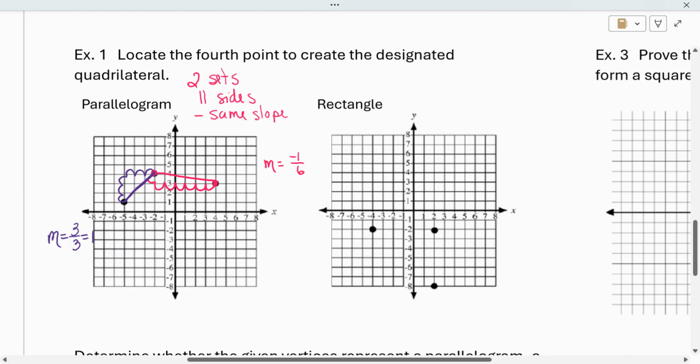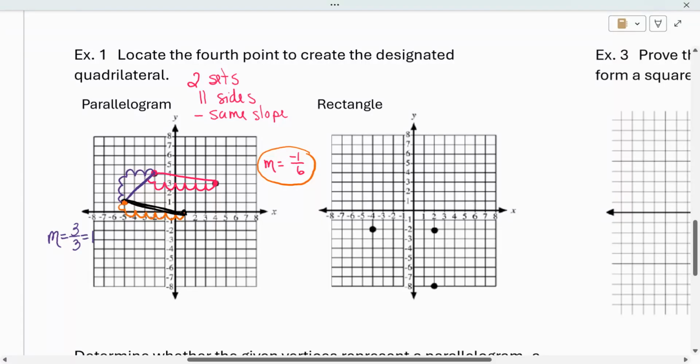So I know that from this point right here, I have to draw a line segment that has a slope of negative 1/6. Down 1, to the right 1, 2, 3, 4, 5, 6. When I plot that point here and connect these two line segments, I see that the red line and the black line have the same slope.